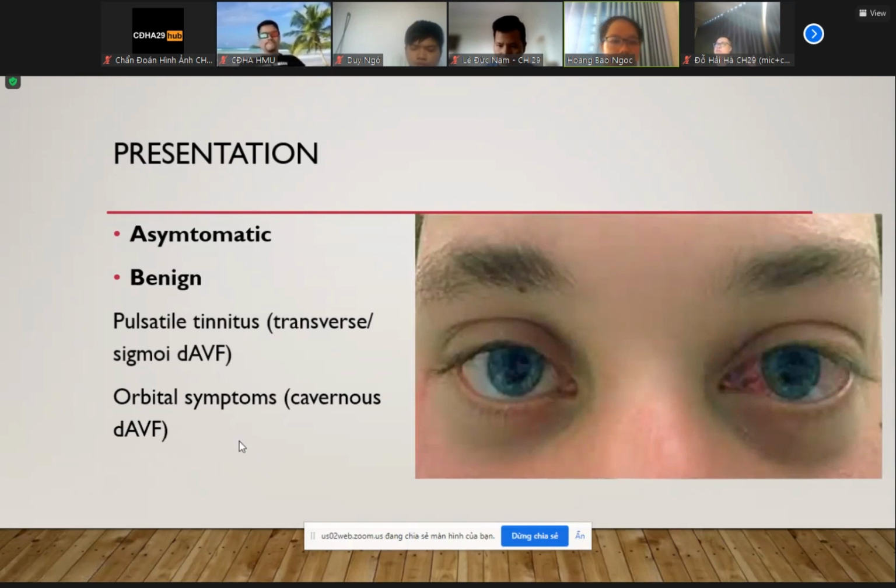It depends on the location of the fistula. If there is a fistula behind the ear, like transverse and sigmoid, the patient can present with pulsatile tinnitus, as there is a high blood flow with a very fast flow going through the sinus.